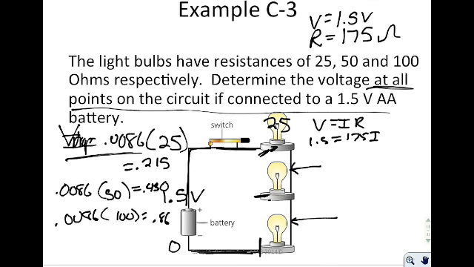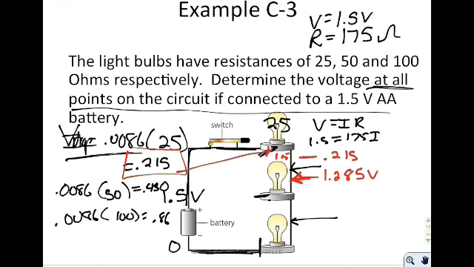Now, these are the individual voltage drops. So what I'm saying is, after the first light bulb, I need to take away 0.215 volts. Well, how many volts did I have to begin with? I had 1.5 volts. So when I subtract that, at this point in between the first two light bulbs, my voltage is now 1.285 volts.